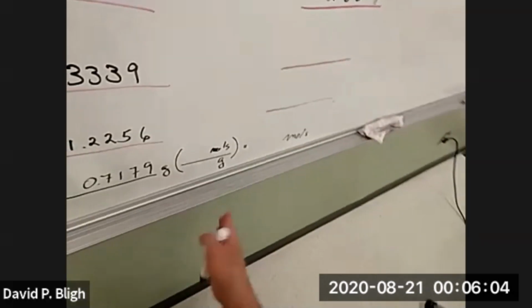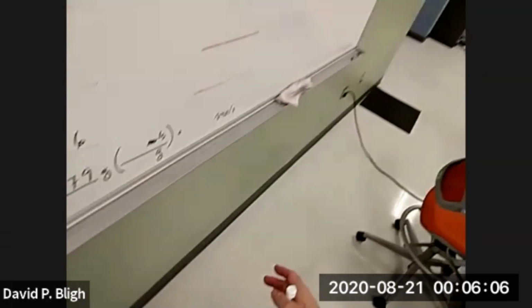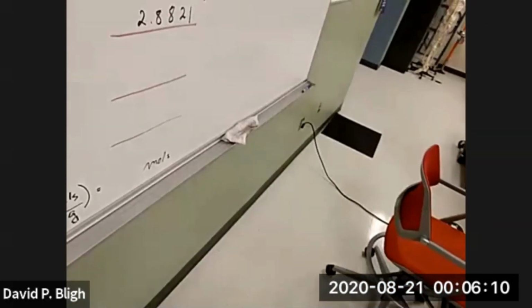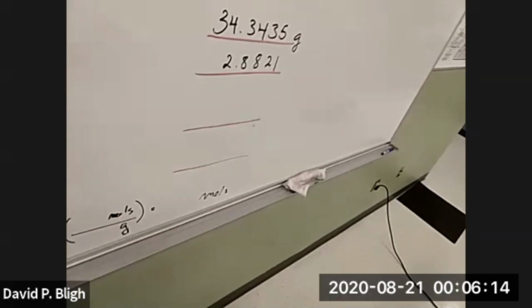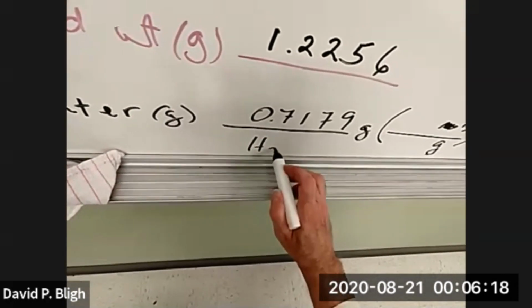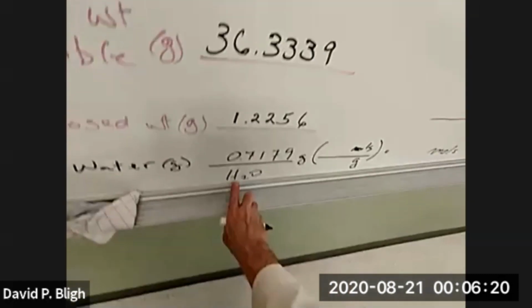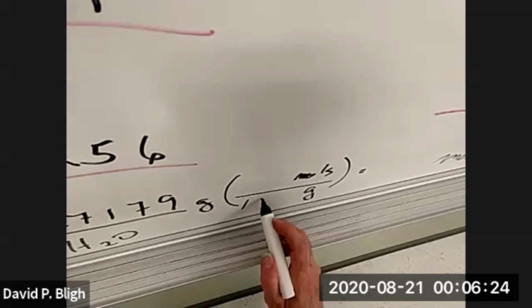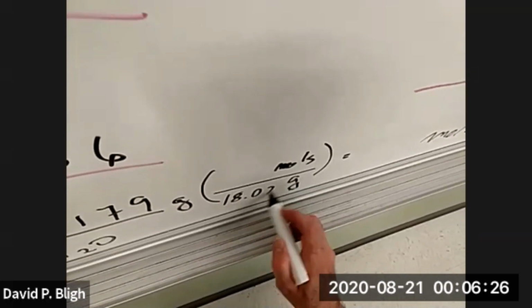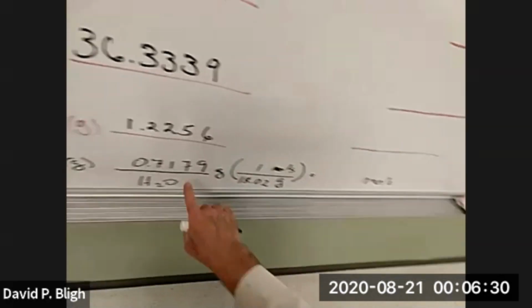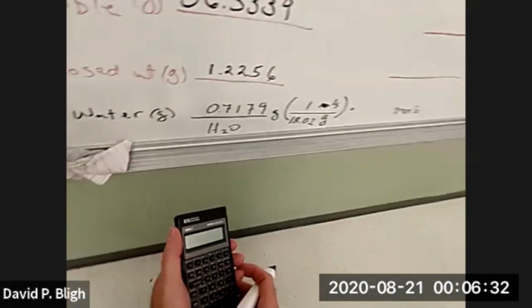So what's the ratio of grams to moles for water? Well, 2 hydrogens is 2 times 1.01, 2.02. And oxygen, H2O, right? So that's 2.02, and this is 16, so it's 18.02. All right. So if we divide this into this, that'll give us moles of water.